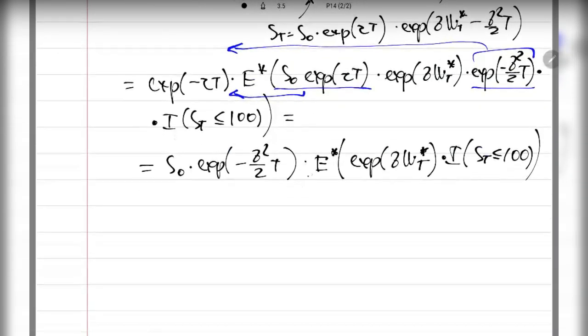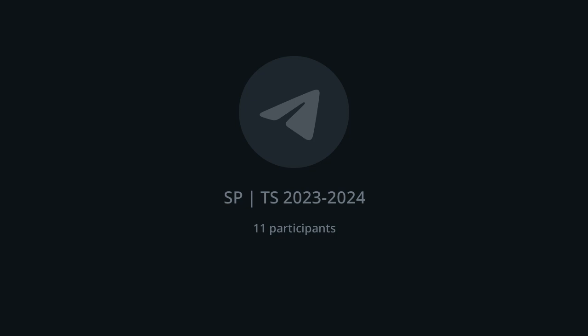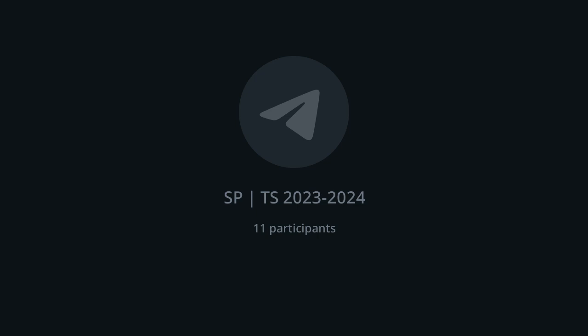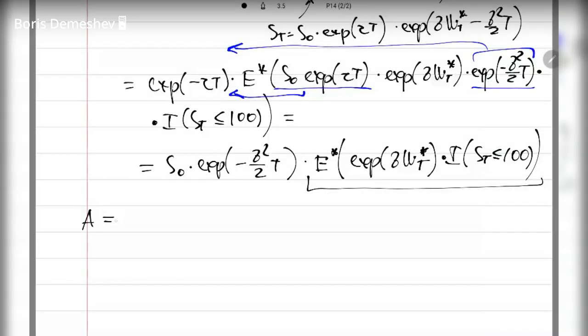Okay, let's focus on this part. Let's first simplify the event, the happy event A, when I will give you a share. This event A, ST is less than 100.